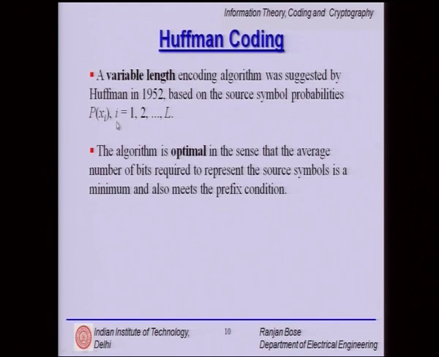Suppose there are L possible symbols, each one has an associated probability P(xi). Now, this Huffman coding is optimal in the sense that the average number of bits required to represent the source symbol is a minimum. We can't do any better than this on an average, and it also meets the prefix condition.